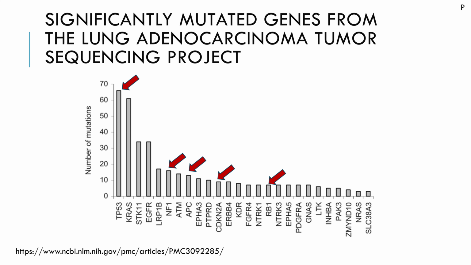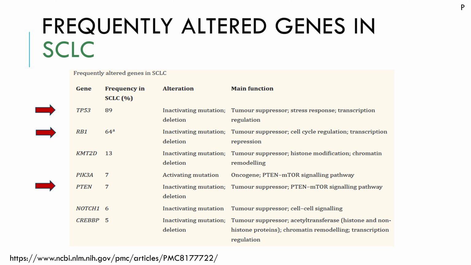On the next slide, you see that this is somewhat mirrored when you go to small cell lung carcinomas. Again, the number one gene mutated in this cancer type is TP53, with a frequency of almost 90%. Another tumor suppressor, RB1, is mutated in these types of cancers at a rate of about 64%.